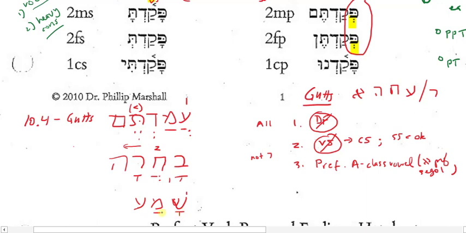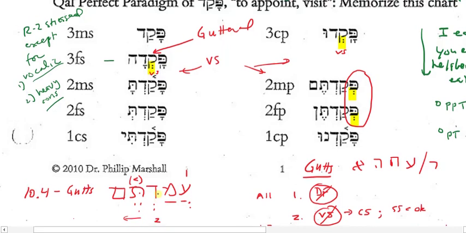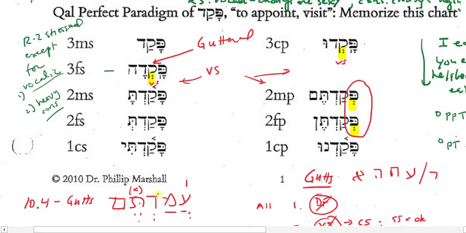Very good. So shema. Now, root 3 is where the guttural is. Here's my question for you. Is there anywhere in the Qal perfect paradigm where root 3 has a vocal shava under it? No. All the shavas you see under root 3 are what kind of shavas? They are silent shavas, right?